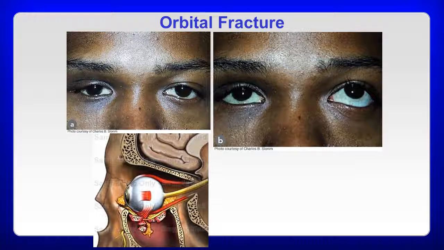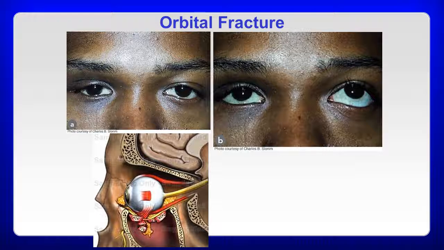But one of the things that could happen is that the inferior rectus muscle gets entrapped. If you look at the picture at the bottom showing the sagittal view, they're showing the inferior rectus getting entrapped. And if you look at the picture of the individual suffering this, you can see where they're having trouble moving their eye.